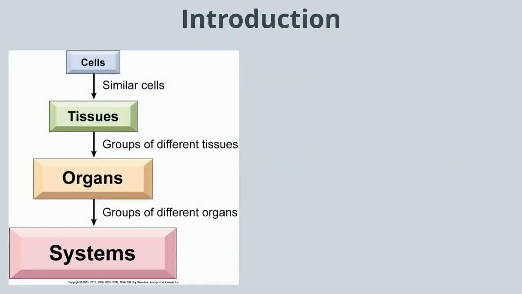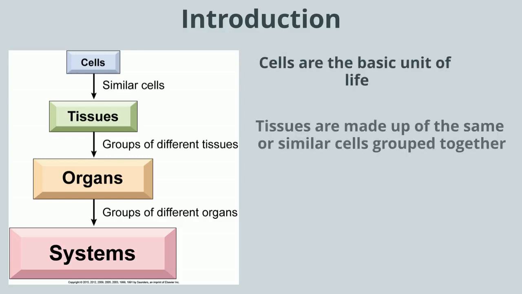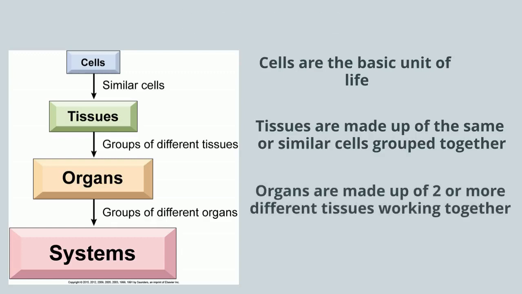Let's start by looking at how the body is organized, from the smallest, simplest part to the whole complex organism. Cells are the basic unit of life. Cells working together form tissues. Muscle cells form muscle tissues. Different types of tissues working together form organs.